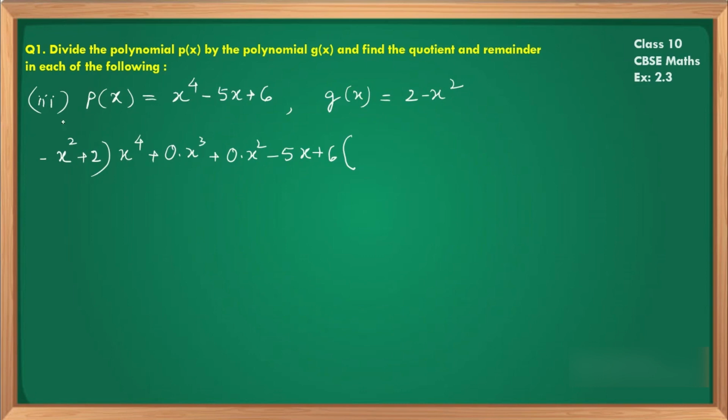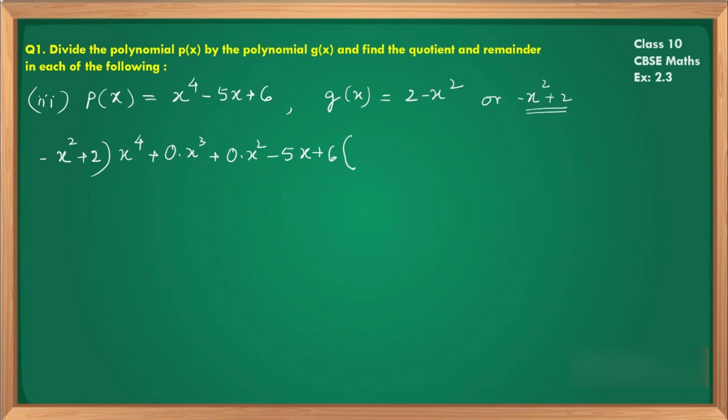Now this is the third sub question, which is px, which is equal to x to the power 4 minus 5x plus 6. Here you can observe the variables with power 3 and 2 are missing, that we have introduced later, and gx is equal to 2 minus x square. Here it is not in the right form, so you can write this as minus x square first, plus 2 written later.